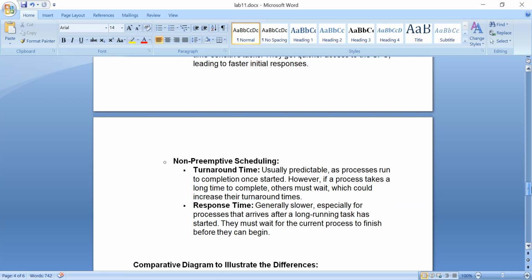Turnaround time is usually predictable as processes run to completion once started. However, if a process takes longer to complete, others must wait, which could increase their turnaround times. So in that example, we have five students and one professor, and each student has two questions.